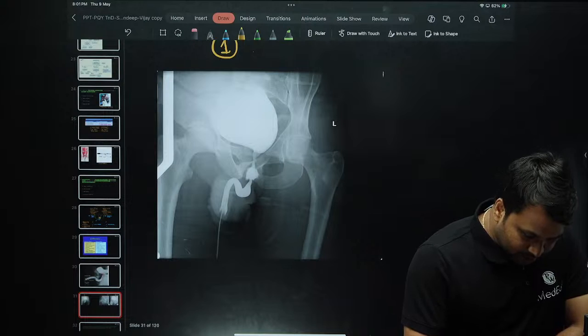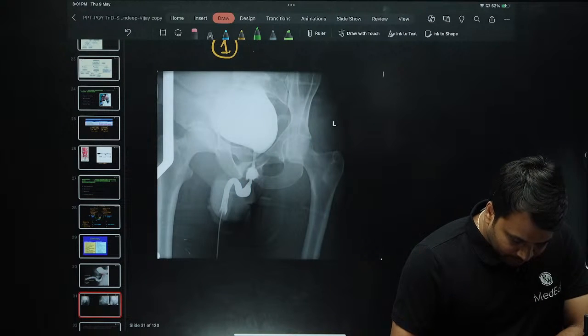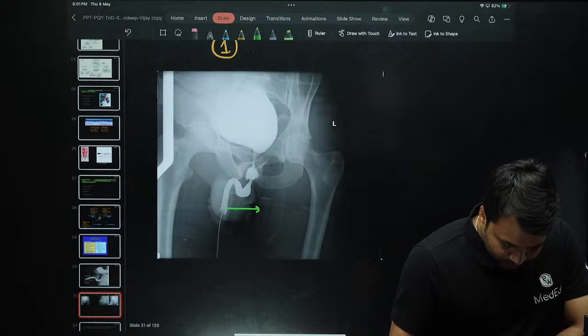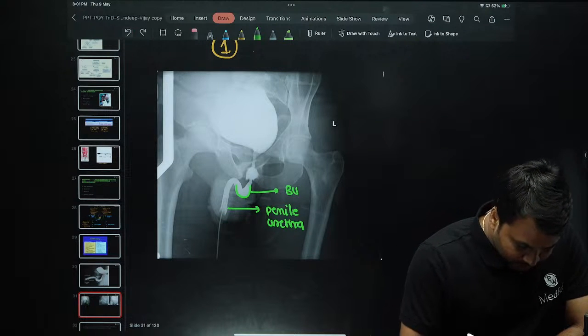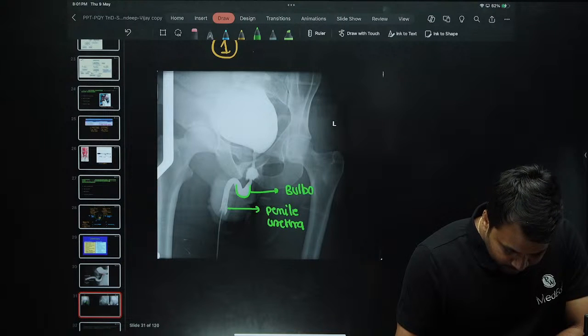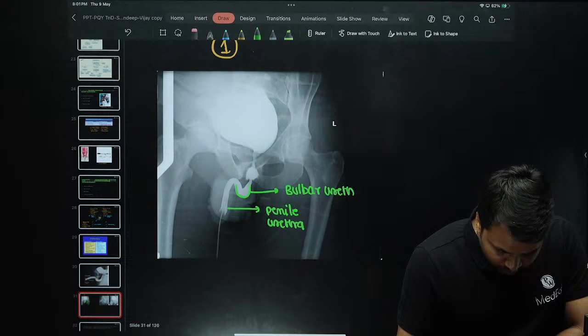In image number 1, if I map it across, this is your penile urethra, which is fine. There is no extravasation. Then you see this hump that is present. This is what we call the bulbar urethra. The bulbar urethra also looks fine.